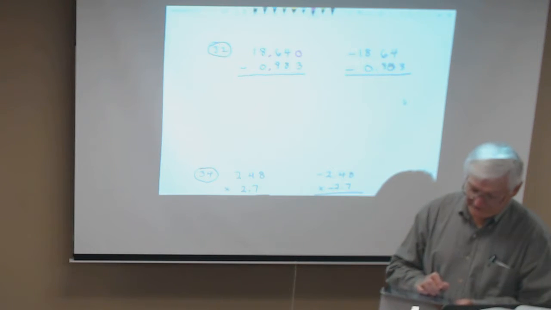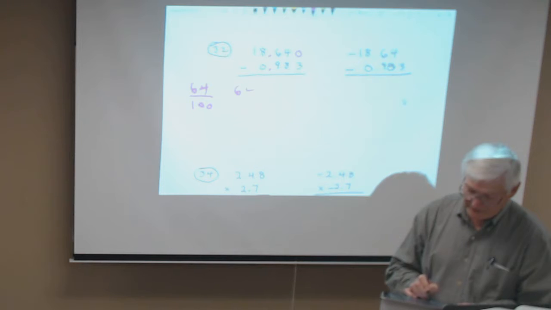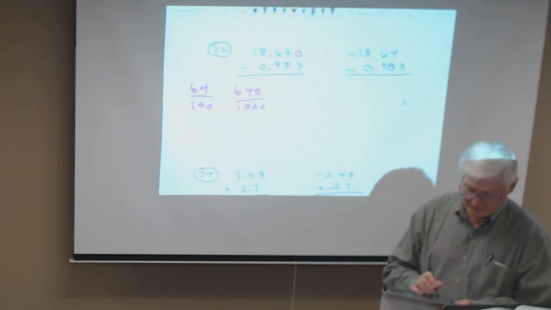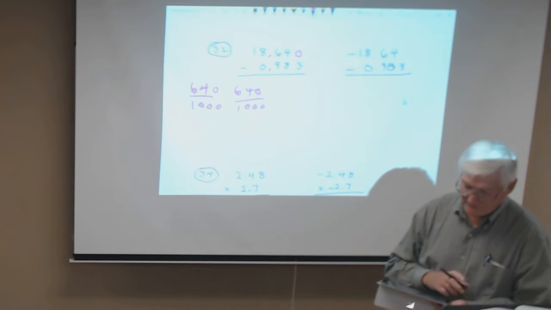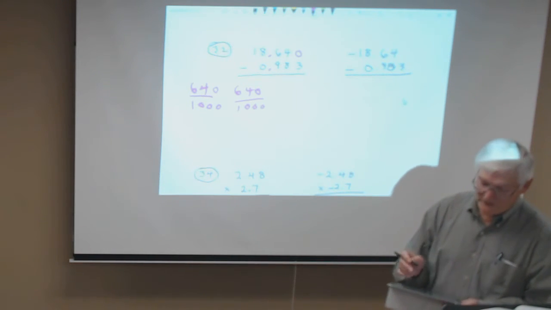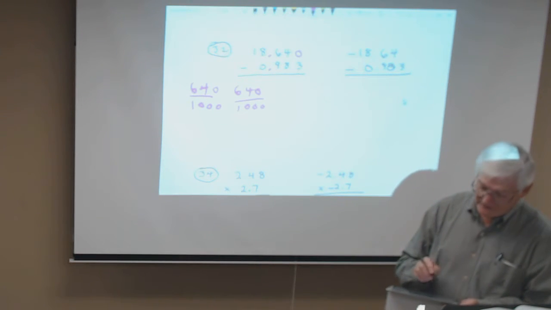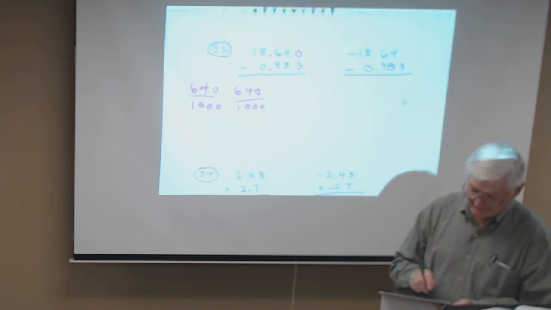Because isn't 64 over 100? Isn't that what 64 is, 64 hundredths? Isn't that the same as 640 over 1,000? Just add a 0 to each one. You follow the thinking? I think they called it in grade school annexing zeros. They just often didn't tell you why it works.